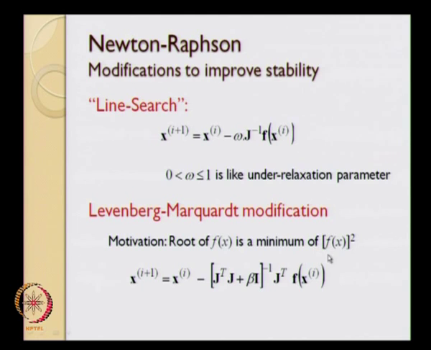We saw that two lectures earlier, what that means pictorially. When we use this Levenberg-Marquardt's modification, instead of having j inverse f, we will have j transpose j plus beta I, where beta is a very small factor, inverse j transpose f. This is how to get the beta, and all that are fairly advanced techniques which you need to do further reading on in order to figure those things out.